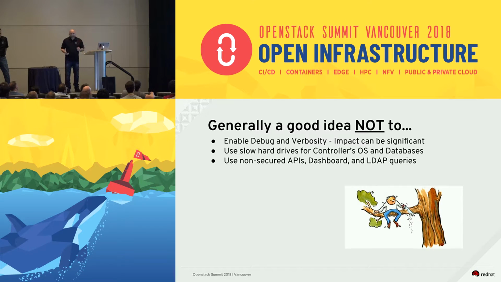So a couple of things to start with, outside of LDAP tuning, just a few things not to do, right? Debugging is great, but when you enable it in LDAP, it really hits the performance hard. Actually, if you enable debug on any of the services, it's not really a good idea, but it certainly impacts Keystone pretty heavily. The second thing is when I'm scoping hardware for a production deploy for my Keystone controllers, I want SSD absolutely mandatory.